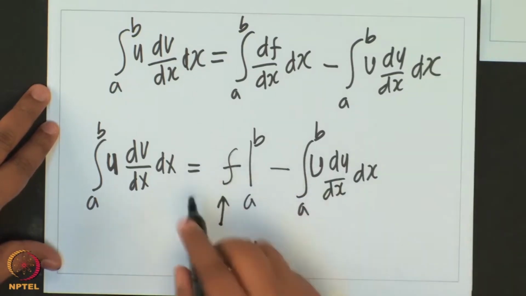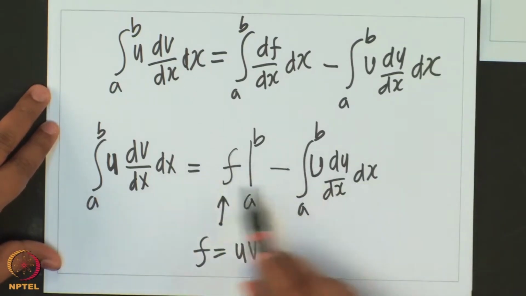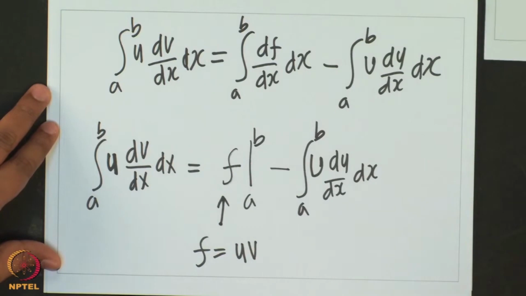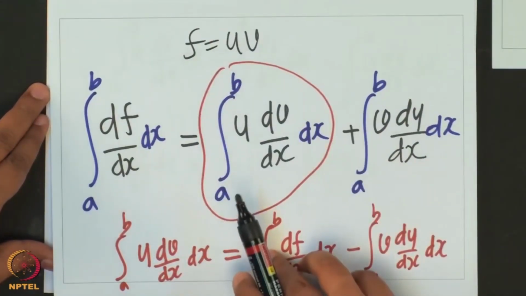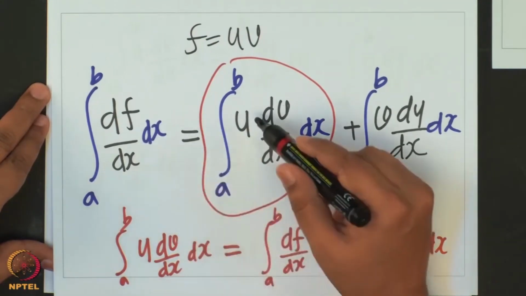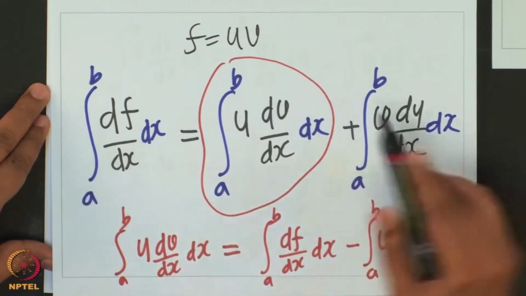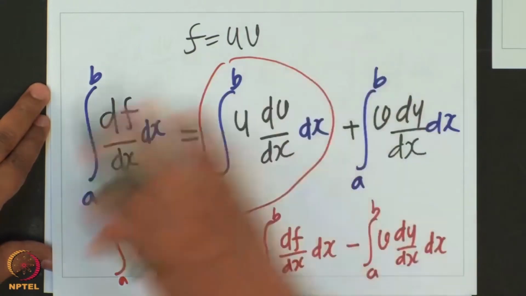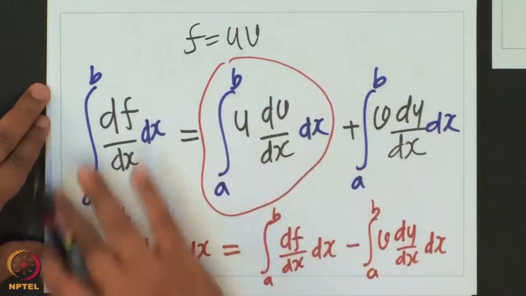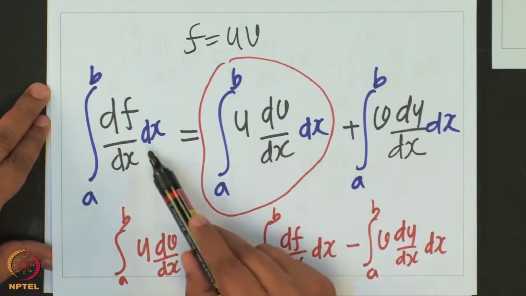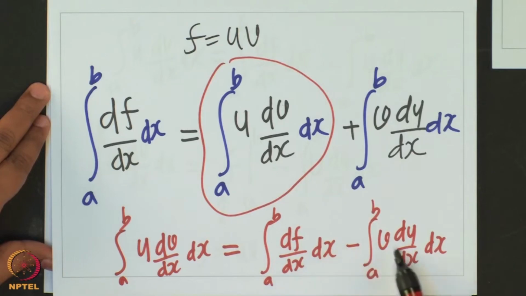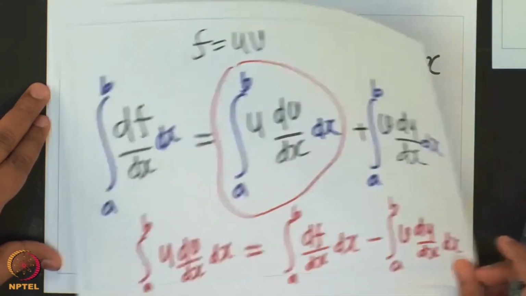We didn't do anything special. We just started with f equal to uv, calculated df by dx and wrote this, and except for this term, all other terms we took to one side, and we got that the integral of u dv by dx is equal to the integral of df by dx minus the integral of v du by dx. So that's what we got.